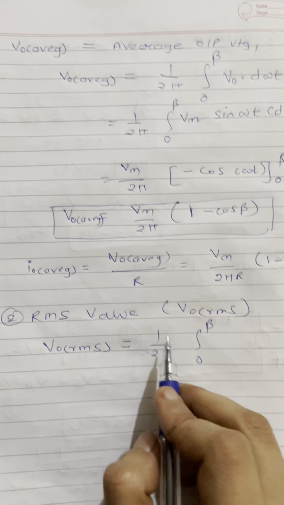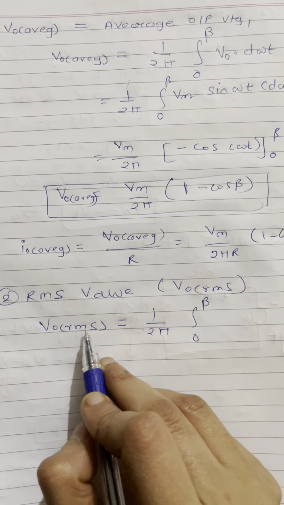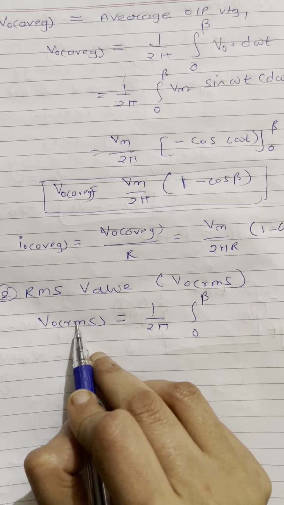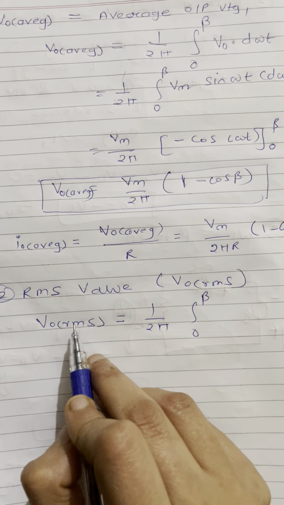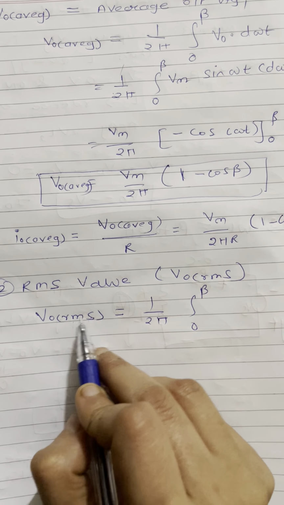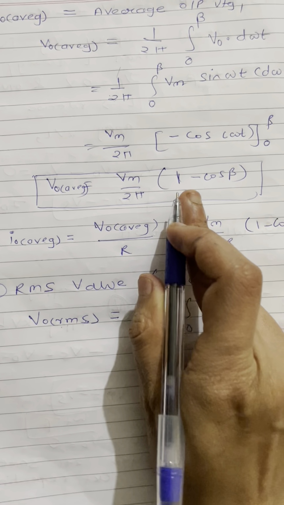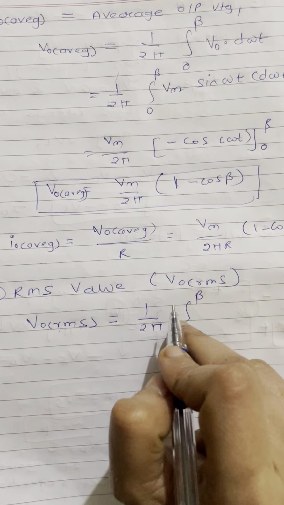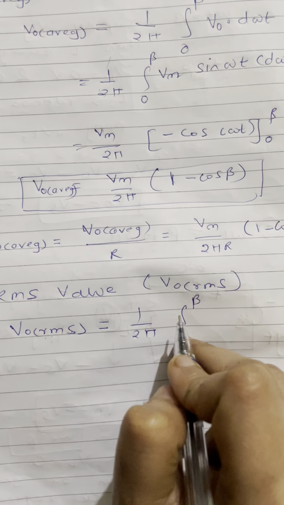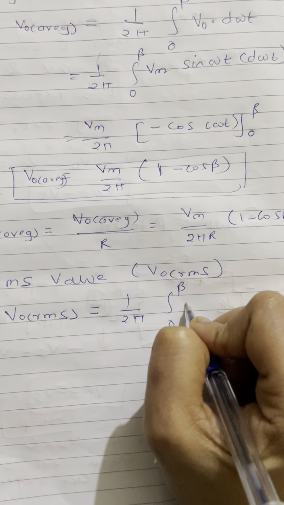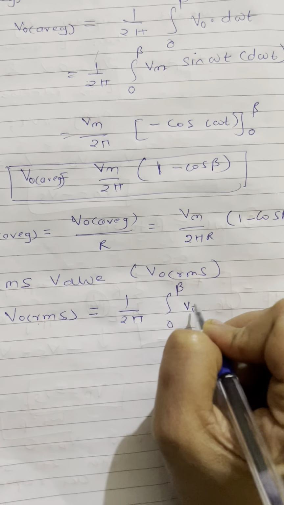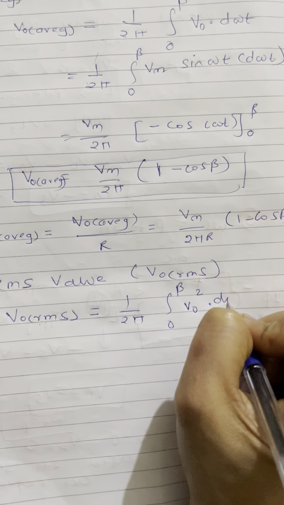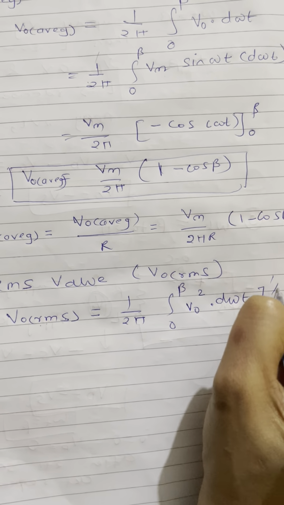Same equation here, but for RMS we first find the square value, then the mean value, then the root. First we find the square, then the mean, and then the root. This is the meaning of RMS value. So V0 square into d omega t, to the power 1 by 2.